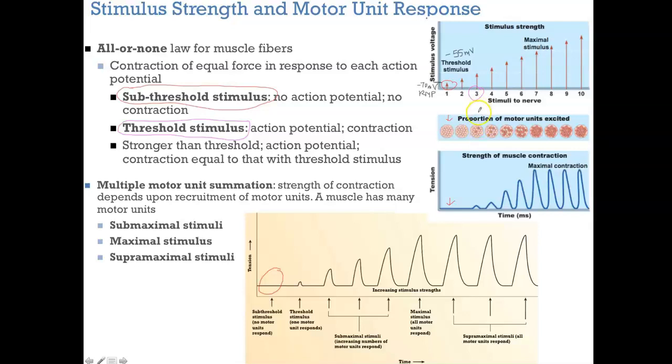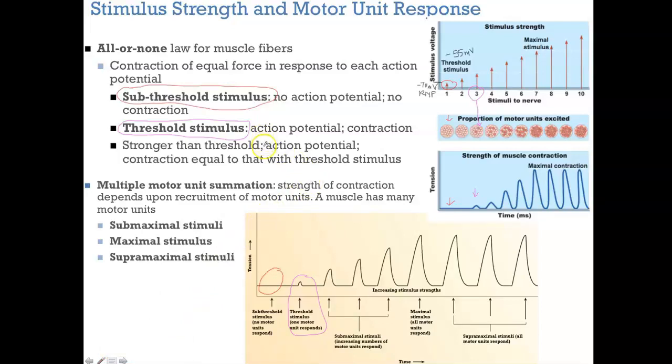At our threshold stimulus, that doesn't mean we're getting all of our muscle fibers. It means that we have at least one motor unit that has contracted muscle fibers. And so we see some strength in here now. We see tension building. And here's our one motor unit response down in here. Okay, let's move on to our next group.